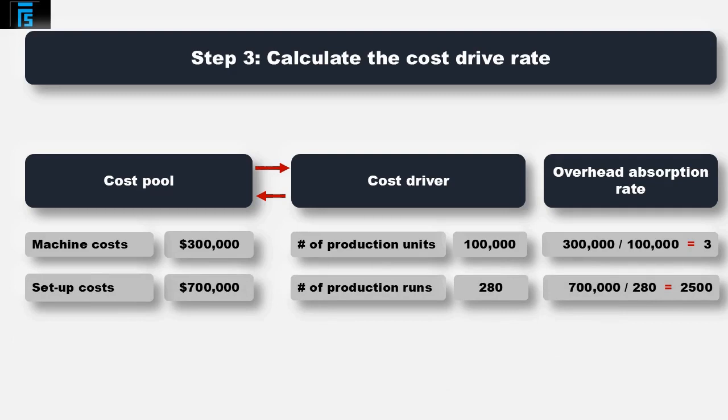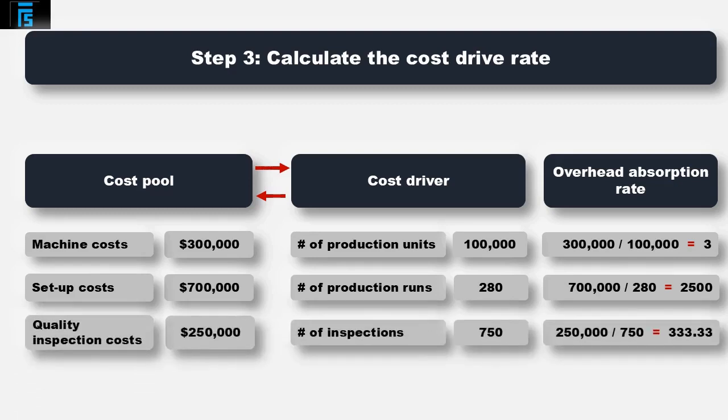Similarly, setup costs total 700,000. The total number of production runs is 280, being 200 for product A and 80 for product B. Hence, the cost driver rate, or overhead absorption rate, is 2,500 per production run. The final cost pool is quality inspection costs, which total 250,000.